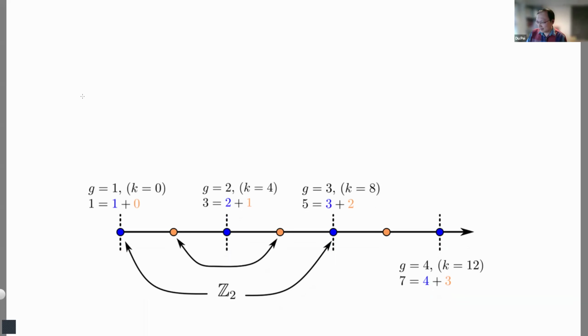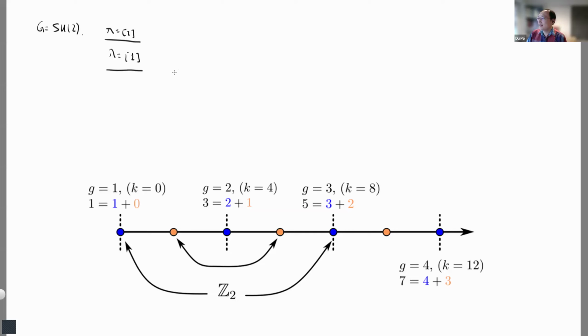So what's the way to do this? Basically, let's again take G to be SU2. So there are two phases. For this one, there are no interesting bulk operators.